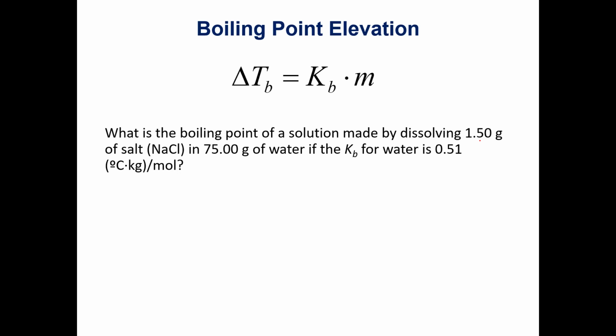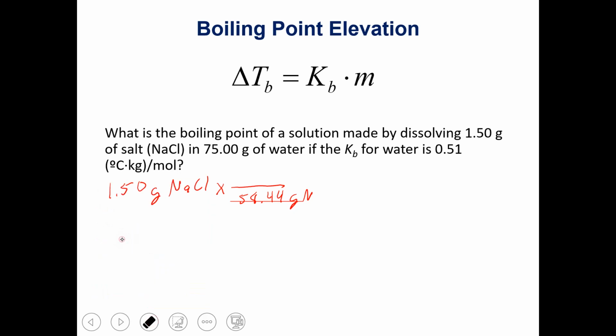So we have 1.50 grams of sodium chloride. If you calculate the molar mass of sodium chloride, it comes out to 58.44 grams of sodium chloride per 1 mole of sodium chloride.